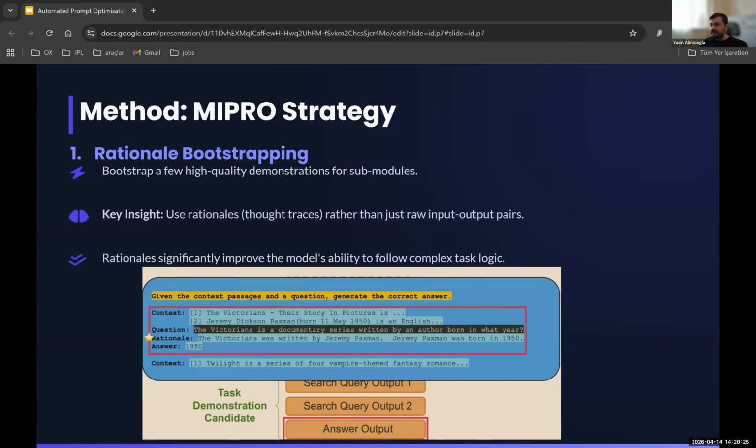Bootstrapping is a really nice method that helps a lot. Basically, just use the rationale among different demonstrations. Why this is okay is because inference with an LLM is usually cheap. That's what motivates this bootstrapping approach.